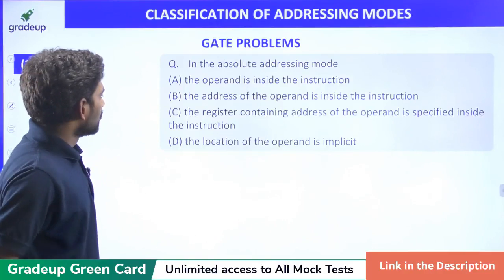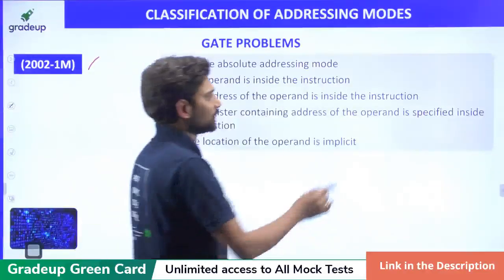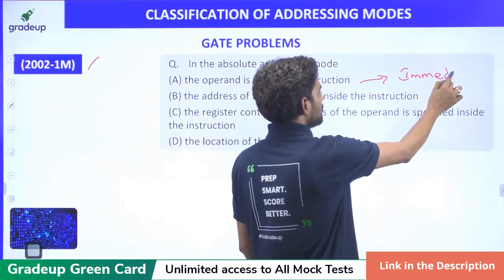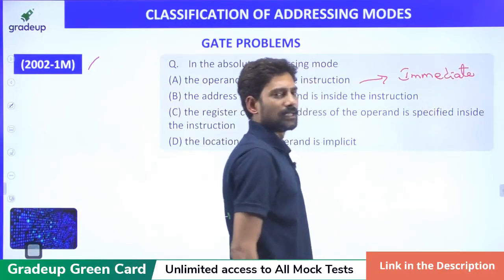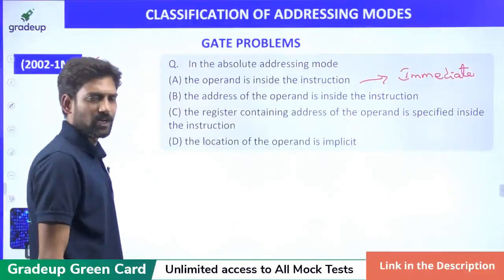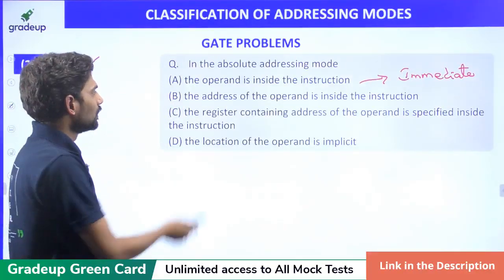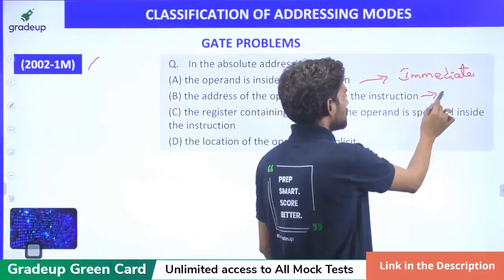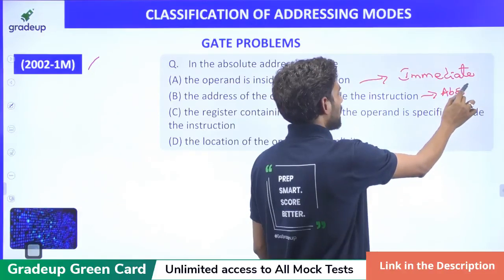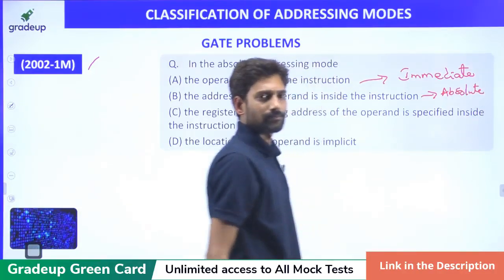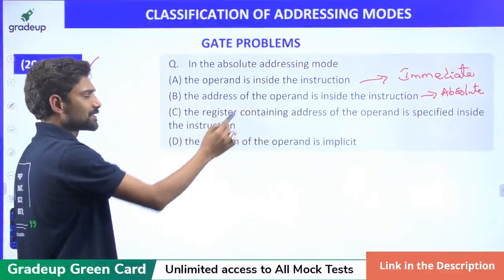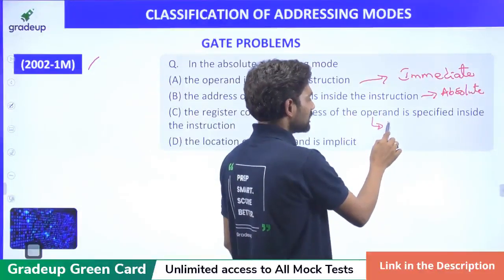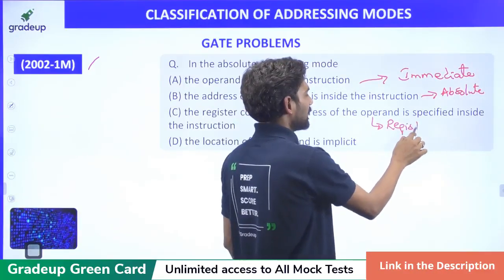The operand is inside the instruction. This will be immediate, because operands are directly in the instruction. Operands means values. The address of the operand is inside the instruction. Yes, this is direct or absolute. The register containing the address of the operand is register indirect.